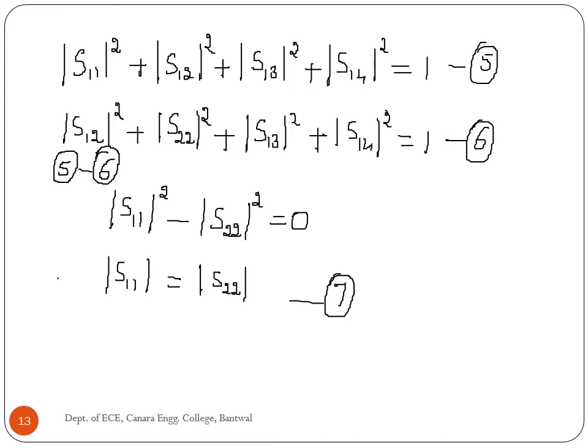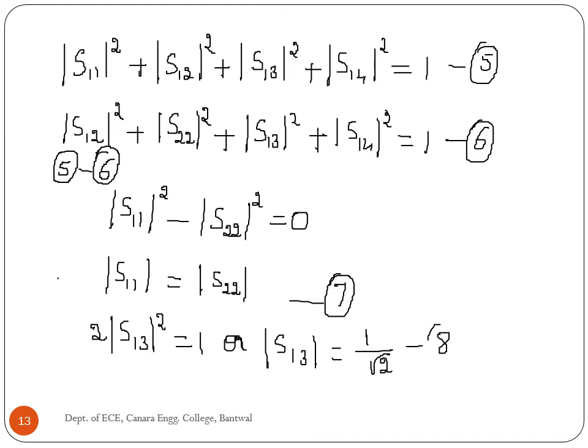From the unitary property applied to rows 3 and 4, 2 into S13 square is equal to 1, or S13 is equal to 1 by root 2. Equation 8.